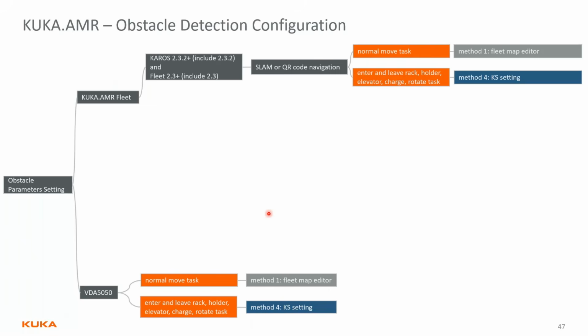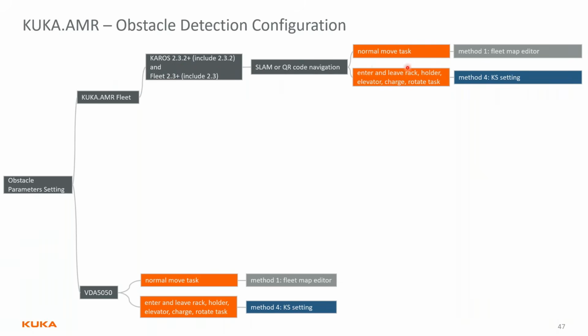If you're using KUKA AMR Fleet, then we're going to break this down into different versions. I would say that this top branch is the new version. So this is KMR OS 2.3.2 plus and KUKA AMR Fleet 2.3 and plus. And this is easy. If you're using SLAM or QR code, it doesn't matter.